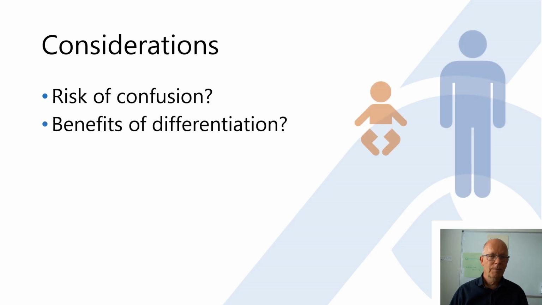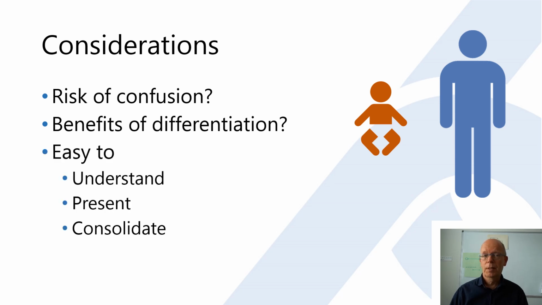Could you benefit from differentiation with icons, colors, to make it easier to understand your messages and your presentation? And also, when you consolidate data from various studies, could it be helpful that it was differentiated upfront?